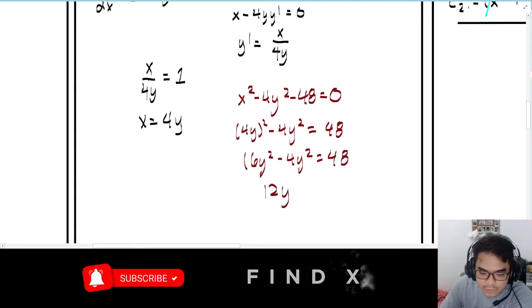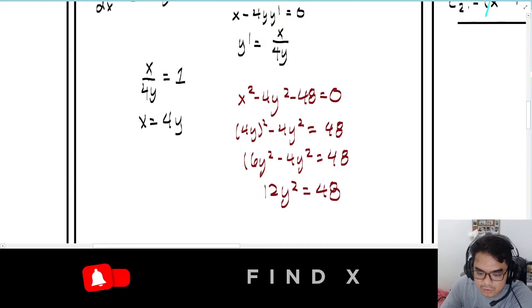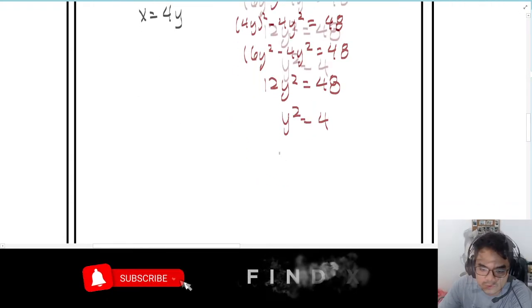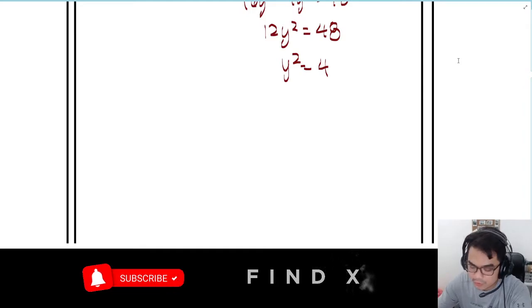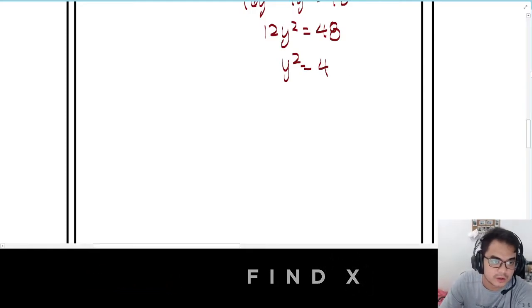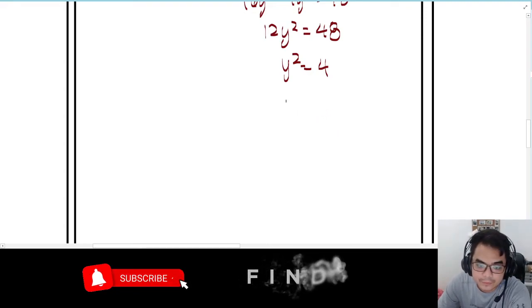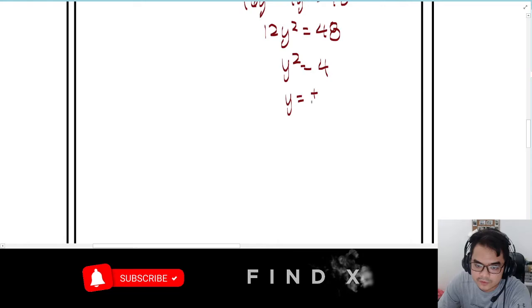So this is 12y squared equal to 48, or y squared is equal to 4. Now we have found the value of y squared, so y is equal to either plus or minus 2.